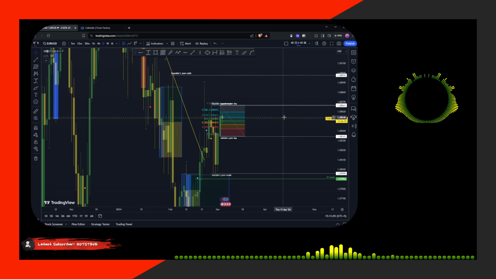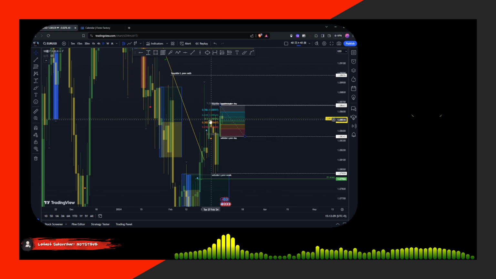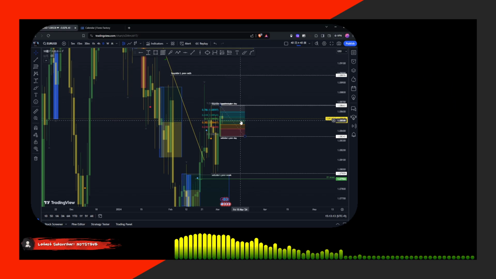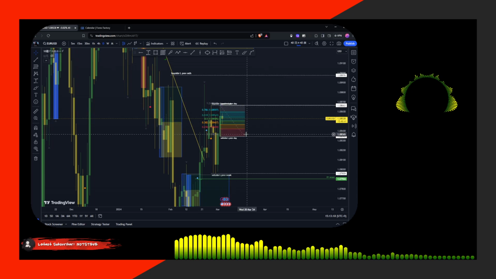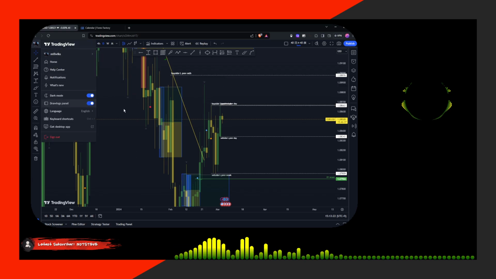Yes, we are trading at the equilibrium, the green one. That's what I wanted to mean.